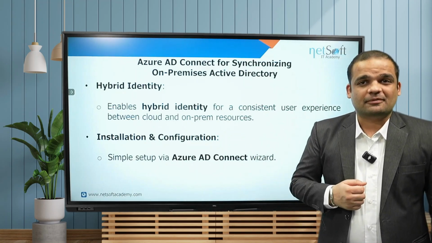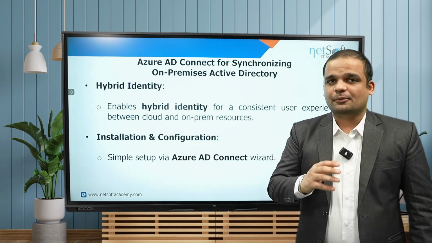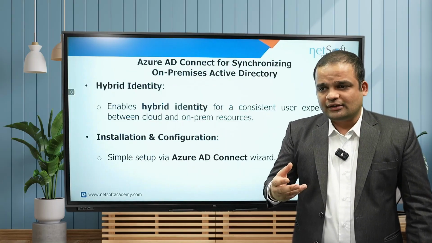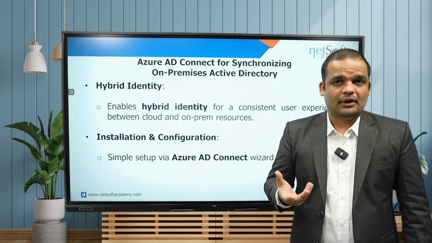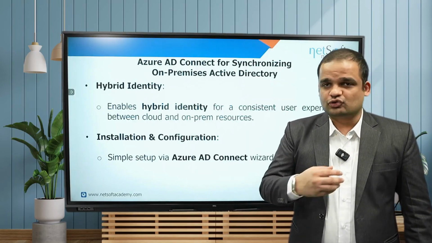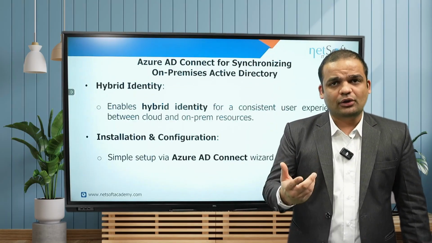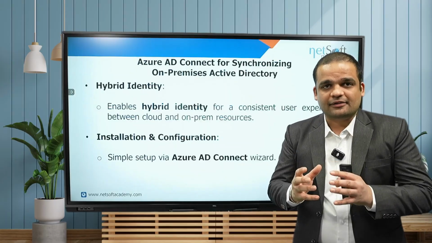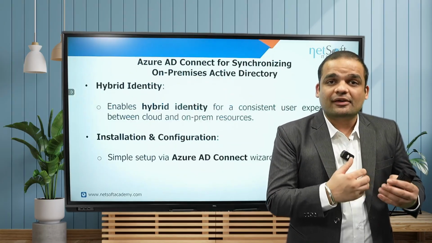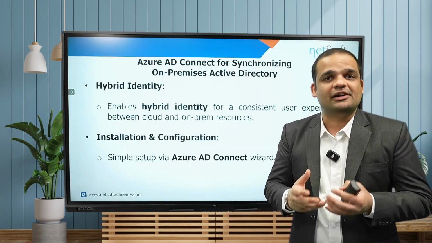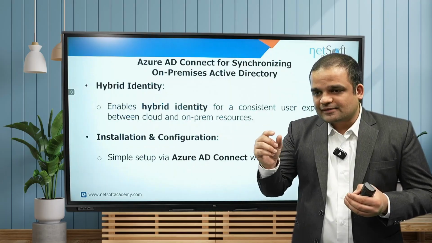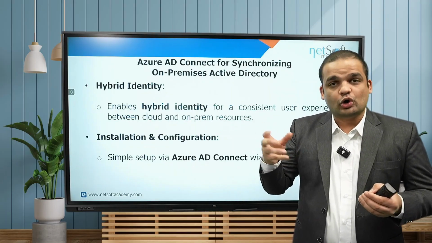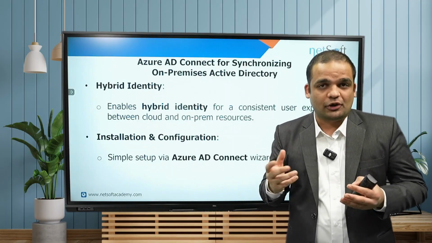Installation and configuration. Well, the setup is super simple. Using this agent, you can simply download it and install it. The wizard is also straightforward, which allow you to even customize your sync rules or synchronization rules, as well as the filters, such as syncing only a specific user or group of users or a specific OU.